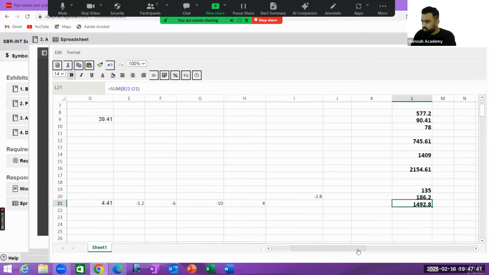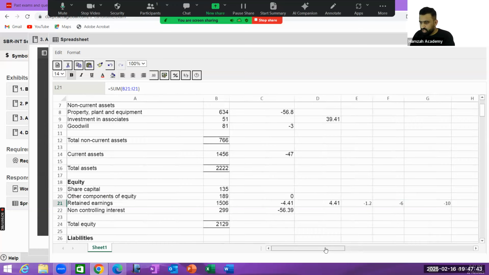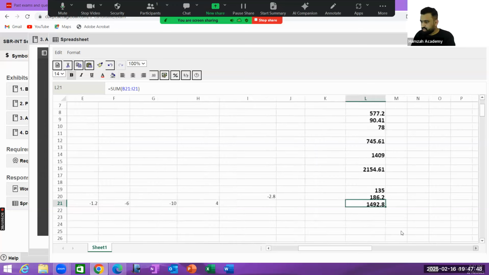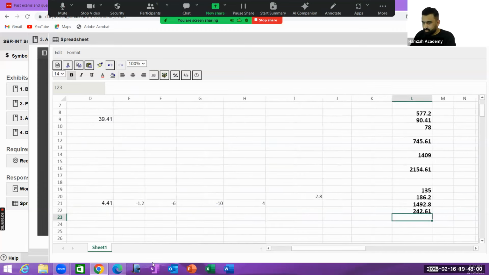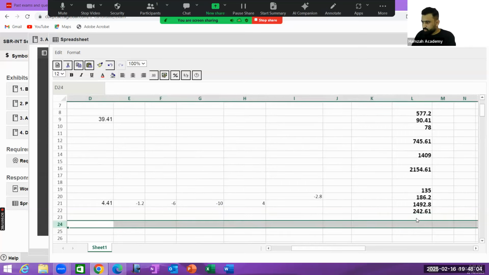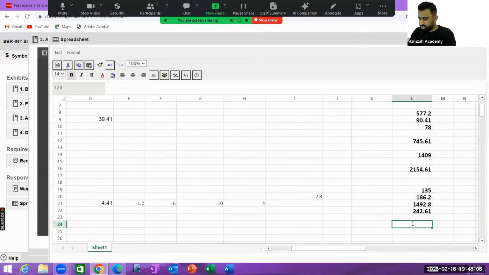Okay. So other comprehensive equity and non-controlling interest need to be adjusted in 22. So again, equal sum, and that is NCI, and then in 24, you will total the revised value of the adjusted consolidated equity.